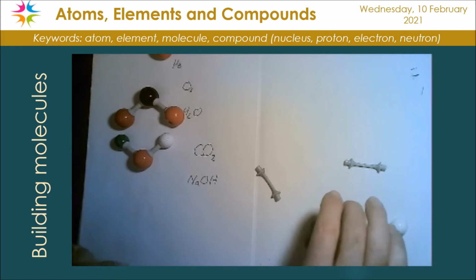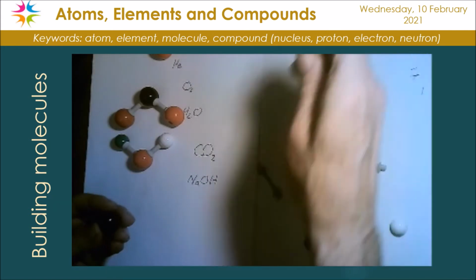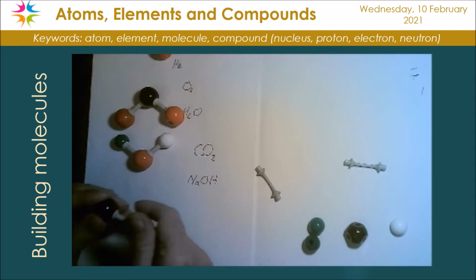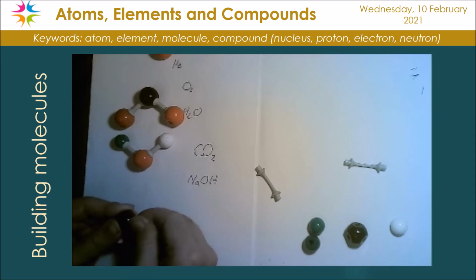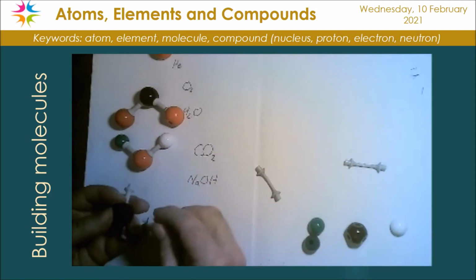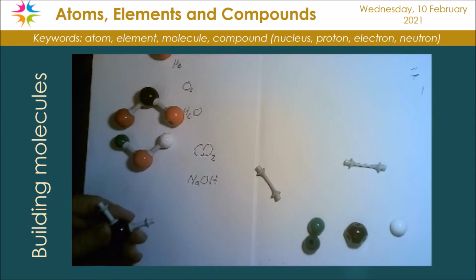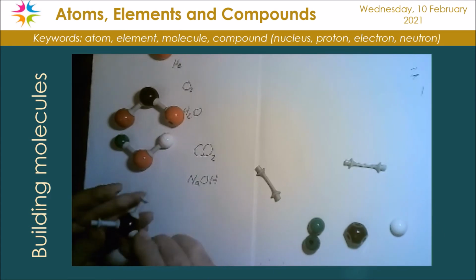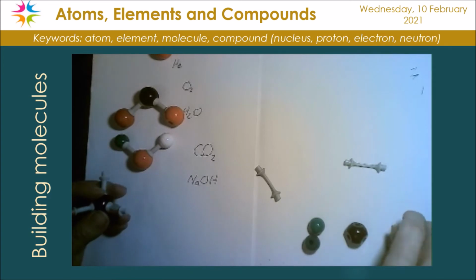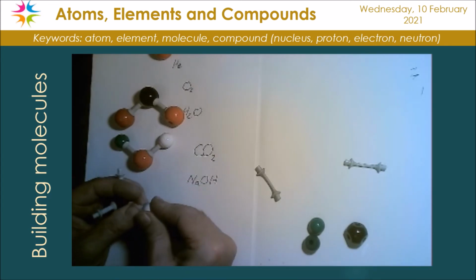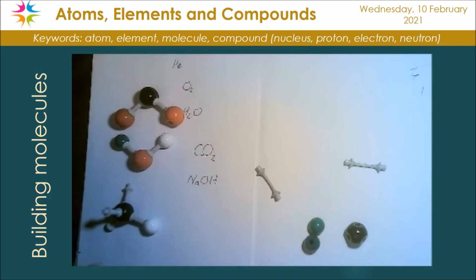Okay, next I'm going to build one of my favorites because it's a very regular shape. It's called methane, and it starts with a carbon atom right in the middle. Methane is a greenhouse gas, which is even more environmentally damaging than carbon dioxide.